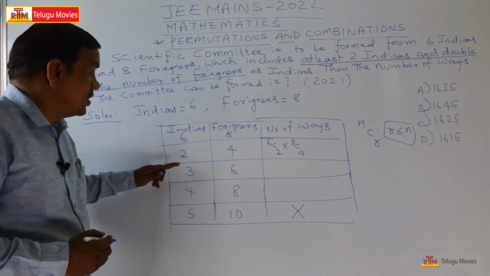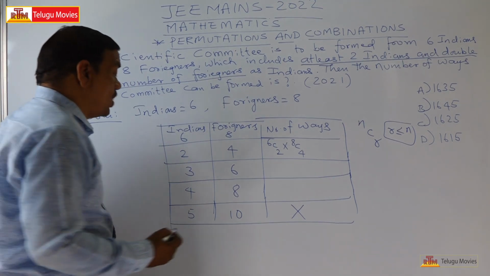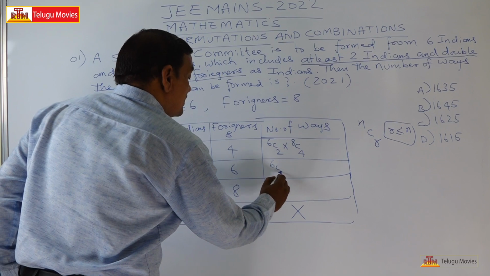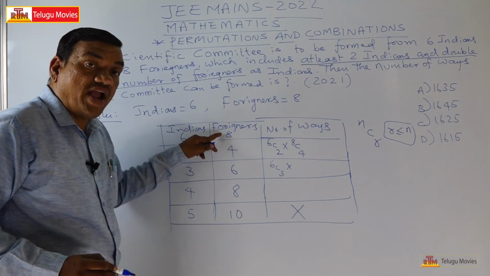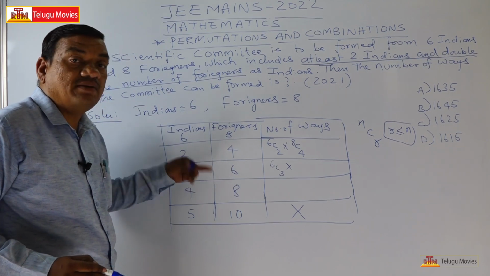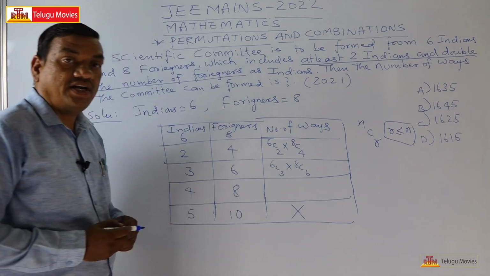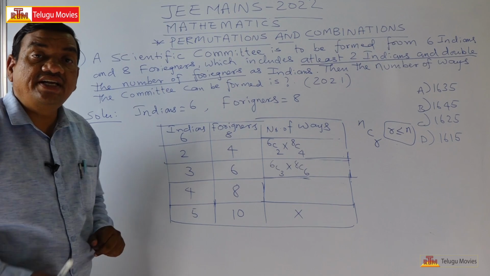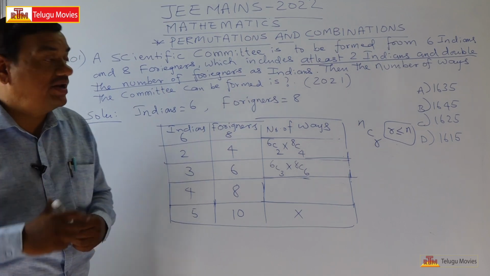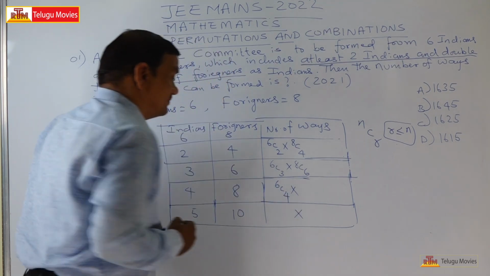Here also, out of 6 Indians, 3 Indians can be selected in how many ways? 6C3 times, out of 8 foreigners, 6 foreigners can be selected in 8C6 ways. Next, out of 6 Indians, 4 Indians can be selected in 6C4 ways.